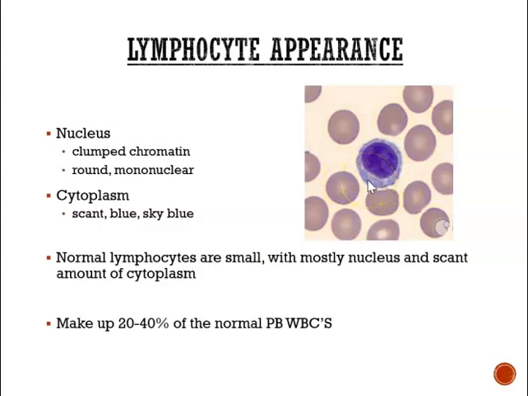Lymphocytes are small and mostly nucleus, so the nucleus is taking up most of the cell, and they are scant in the amount of cytoplasm they have. So very little cytoplasm, mostly nucleus. And lymphocytes make up about 20 to 40% of normal peripheral white blood cells.